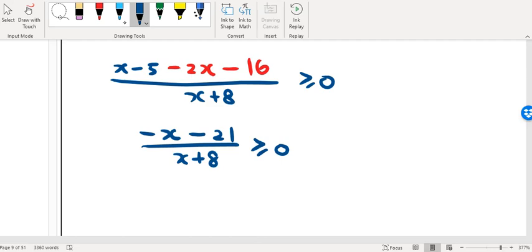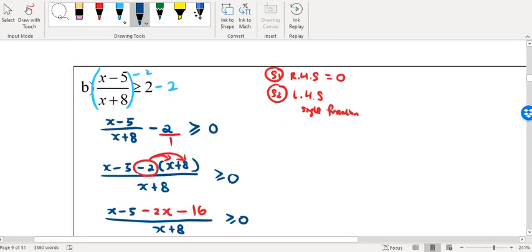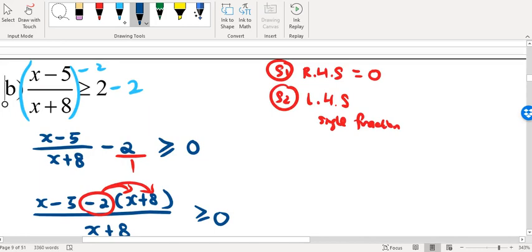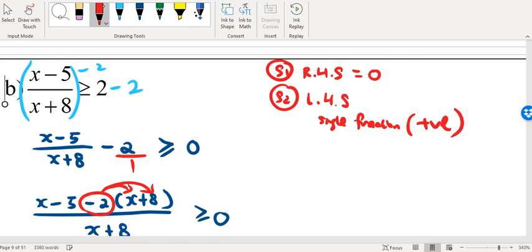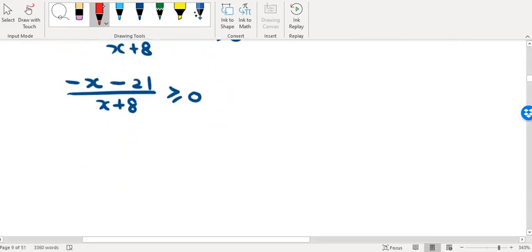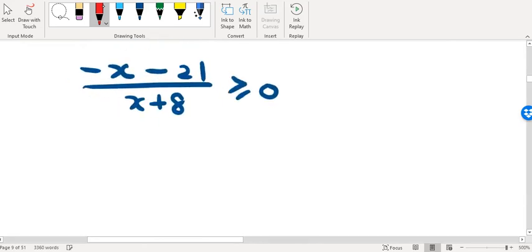Now obviously this is a negative. One more thing before I forget: you must ensure your left hand side is a single positive fraction. So back to this. Is it a single positive fraction? No, because you have a negative on the x involved, right? So how are you supposed to make it positive?